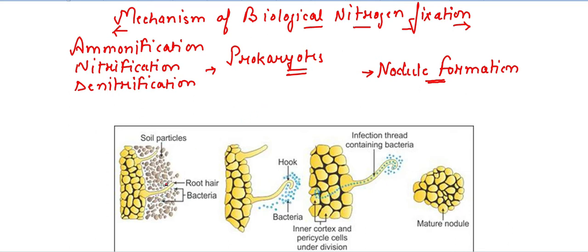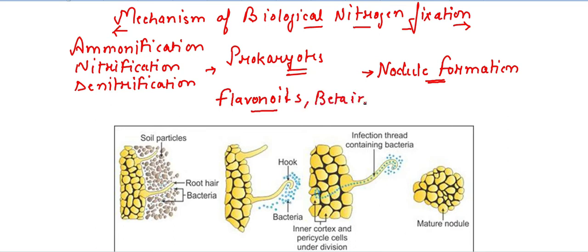In this diagram you will be able to see the root and the bacteria. The roots of the legume secrete chemical attractants named flavonoids, and you can name them betaines.